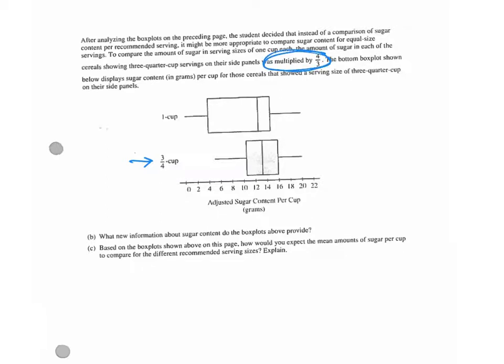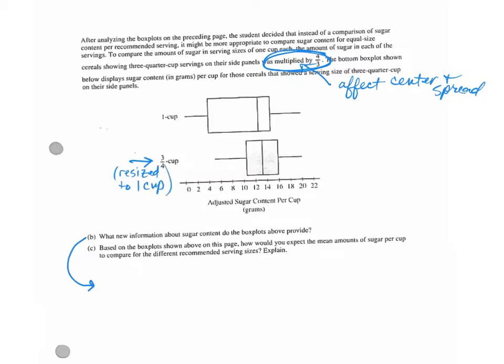And what did we learn yesterday? That multiply and divide, multiply and divide, multiply and divide affects what? Affects center and spread. So because they multiplied by 4/3, we know that we're going to be affecting the center and the spread of this second data set. In fact, when they multiplied everything by 4/3, they basically resized it to be 1 cup.